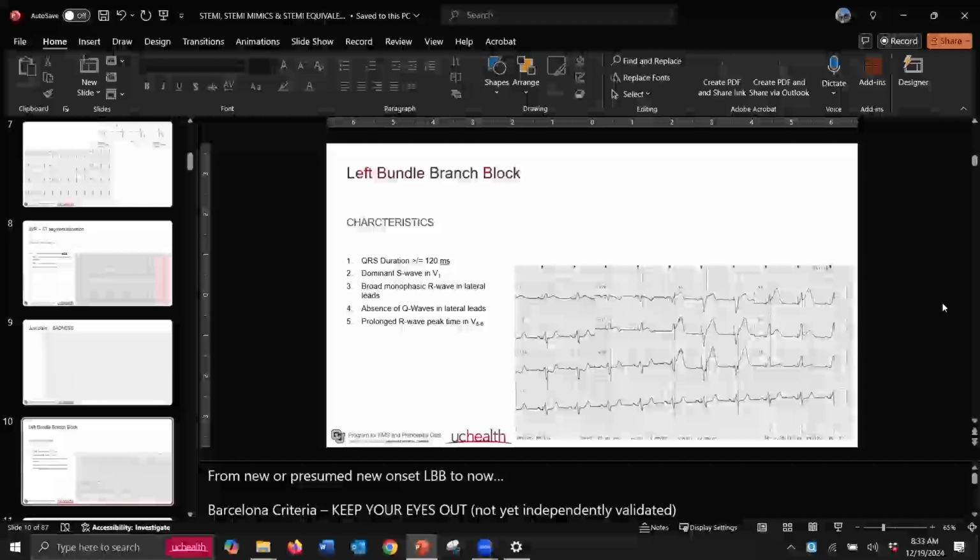So if we think about that, that's the time and the velocity of the conduction moving through the ventricular pathways, right? So it needs to be less than 0.12 seconds, fairly quick. And as that widens out, can we extrapolate that time to cardiac output?